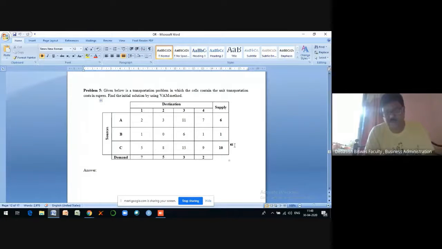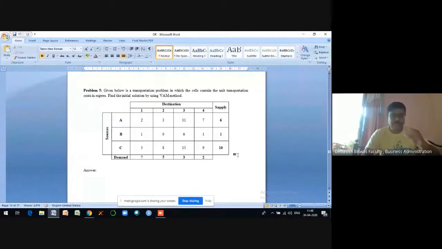So 8 minus 5 equal to 3. So for the row operations, we write 1, 1, 3. You can also write into your copy so that it is easy to understand. Write all these values in parentheses.